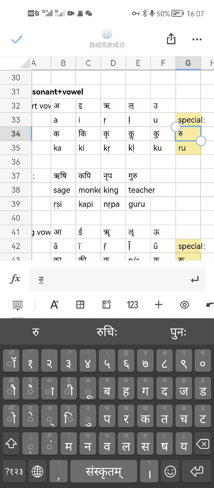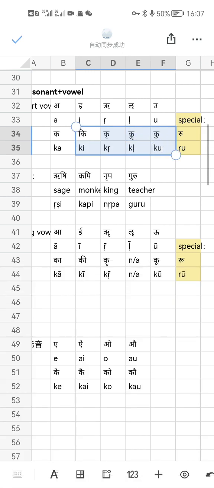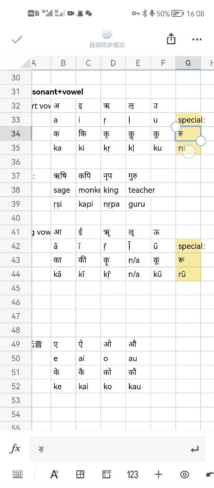For all the other consonants, we apply the same rule as these. But for R, that means ru, it's written like this.